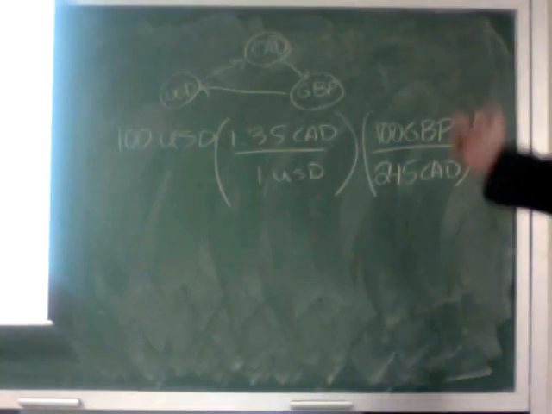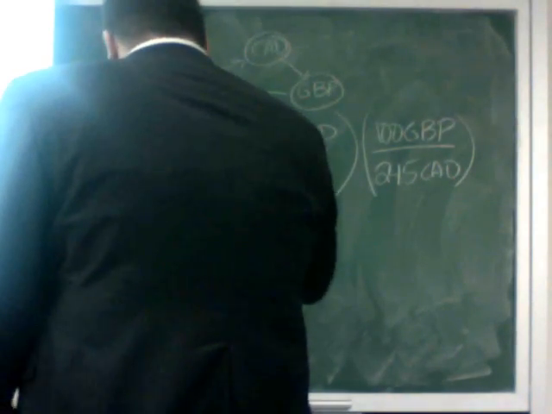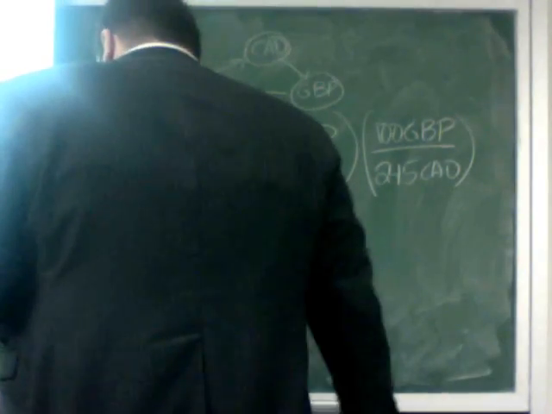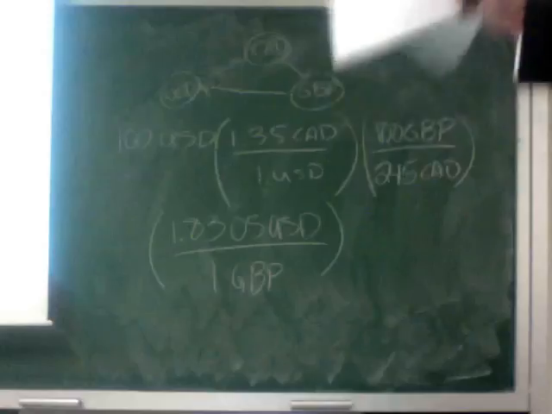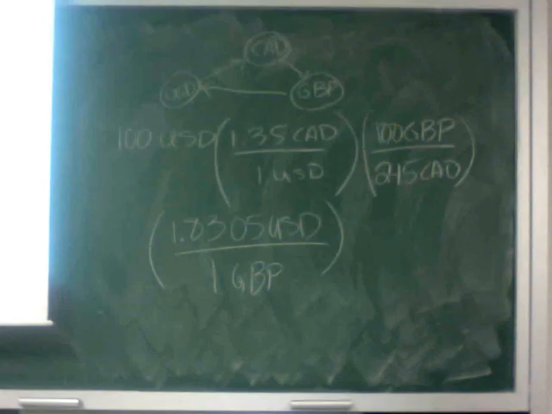So now I will have an amount in British pounds. And then I convert back into US dollars at the rate of 1.8305 US dollar for 1 British pound.